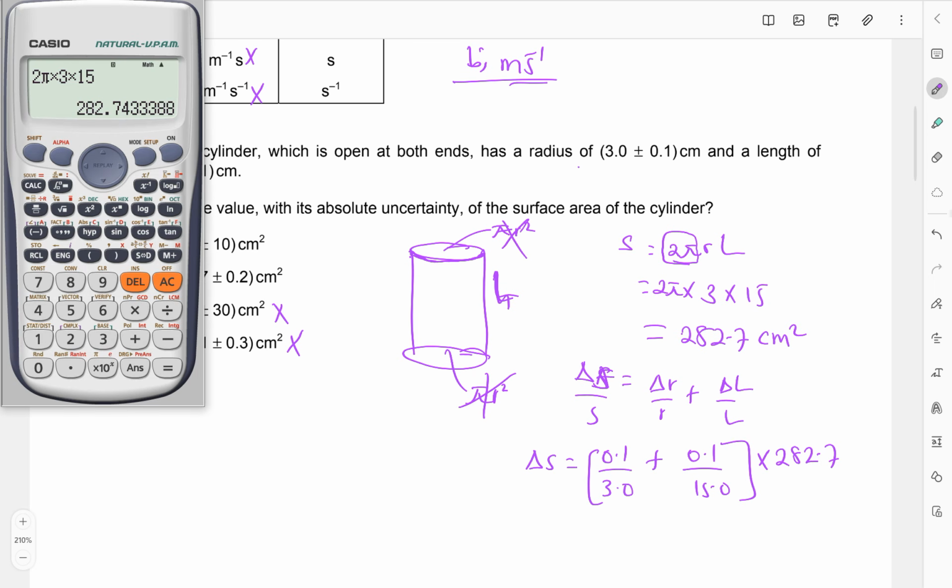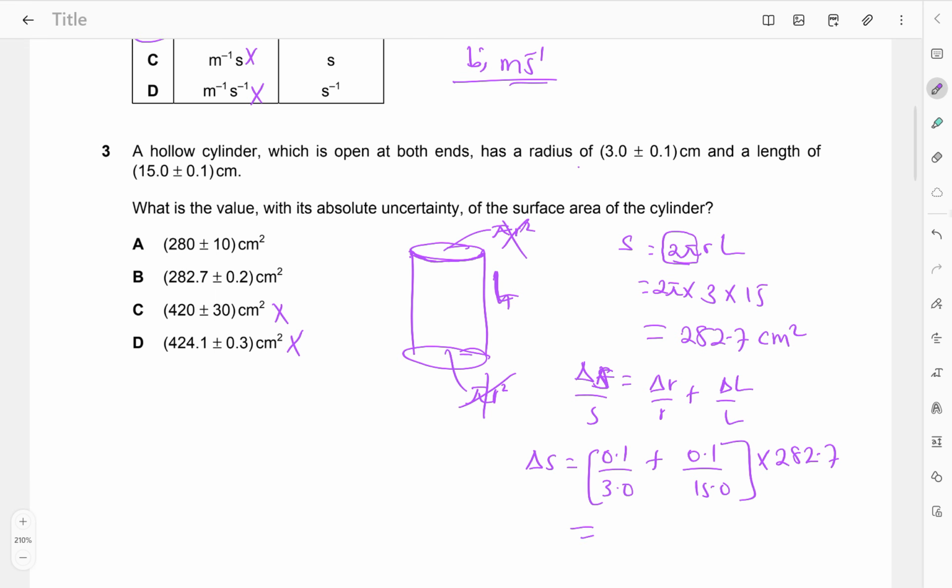So from my calculator, I have 0.1 divided by 3 plus 0.1 divided by 15. So that is the fractional, then times the true value, which is 282.7, and this gives us 11.308.